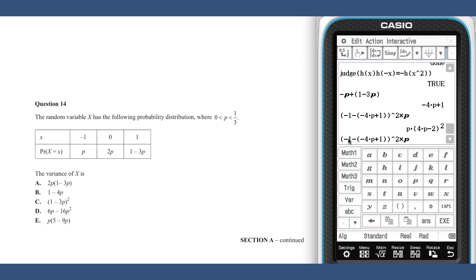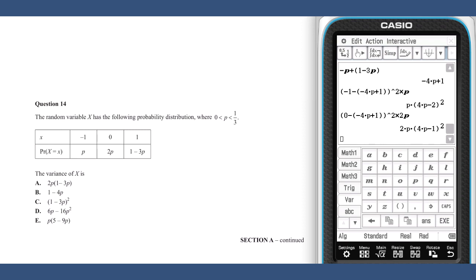With a slight modification, the second term of our variance can be computed. We'll change the x value from minus 1 to 0 and change the p value from p to 2p, giving us our second term of the variance. And the third term can once again be computed by modifying this expression.